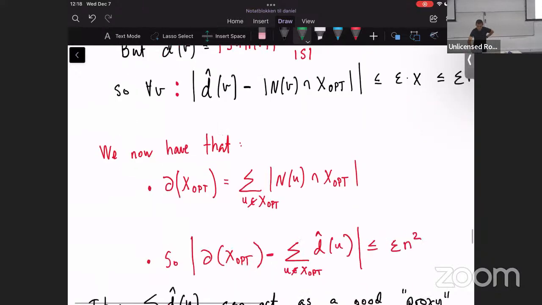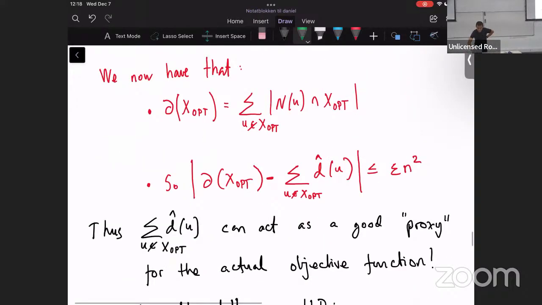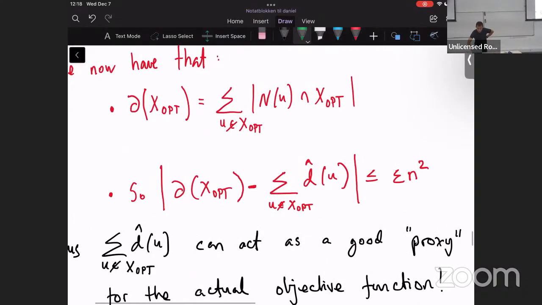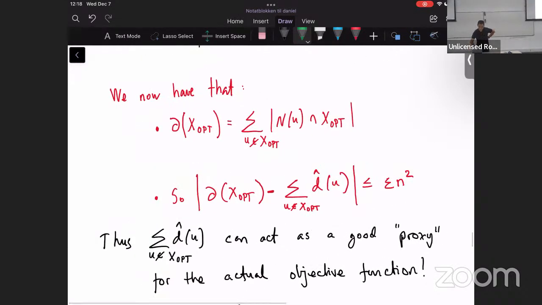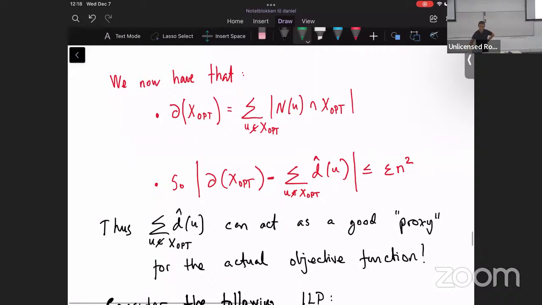So we can conclude at this point that the following thing happens. The size of the cut is the sum over all the vertices that are not in X of their degree into X. This is how we're going to count the cut.